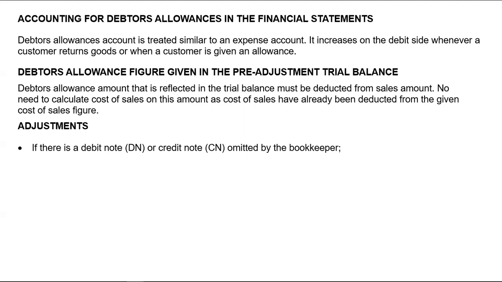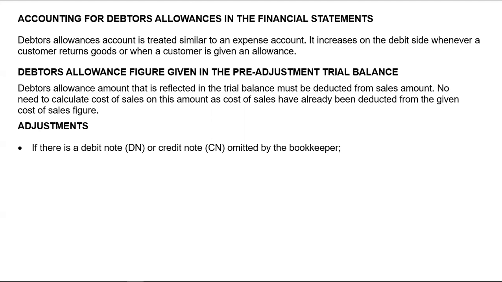What are we going to do when this debit note or credit note has been omitted by the bookkeeper? It simply means that our debtors allowances that we have in the pre-adjustment trial balance has been overstated. All right? Debtors control has been overstated. Sales have been overstated.